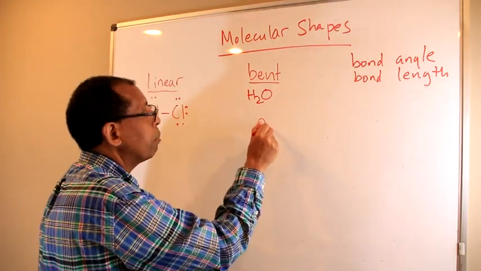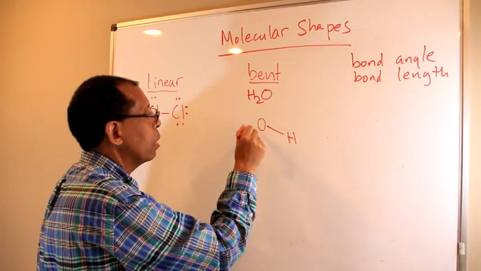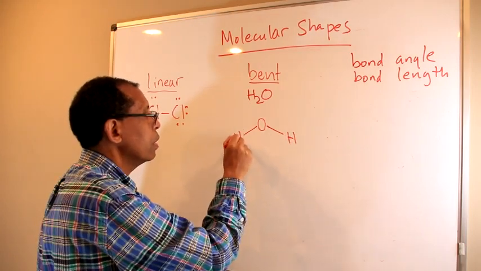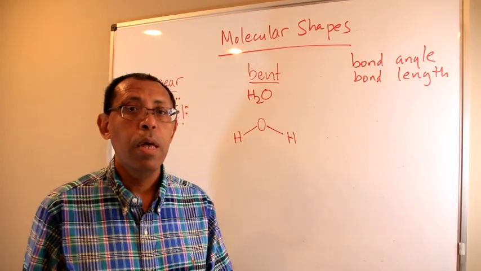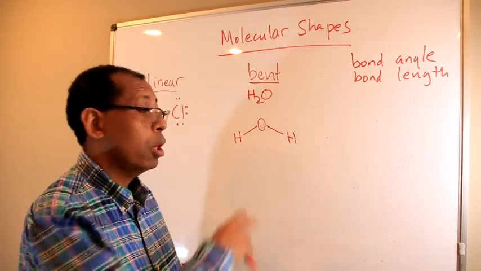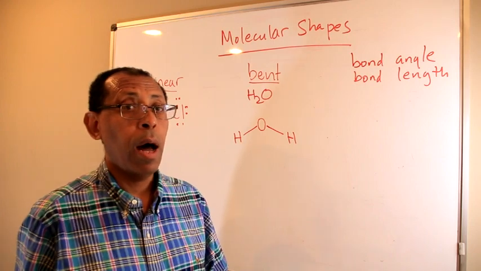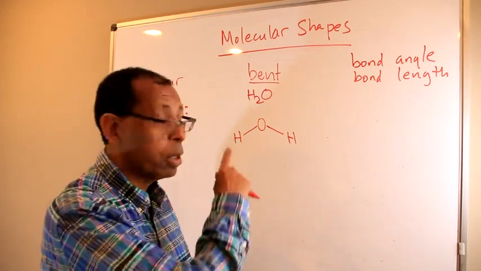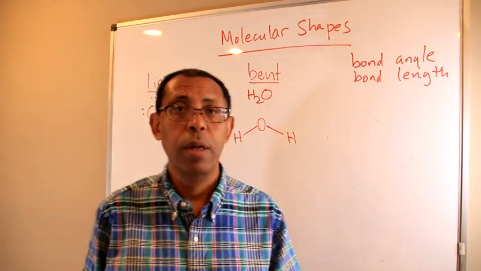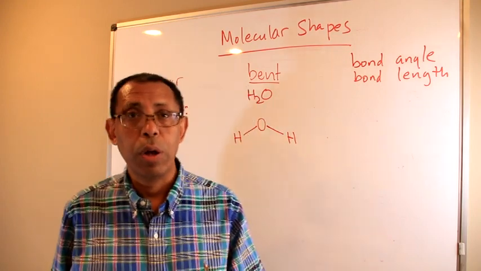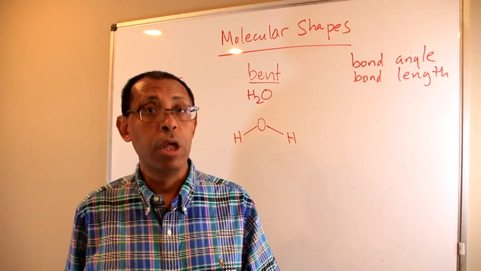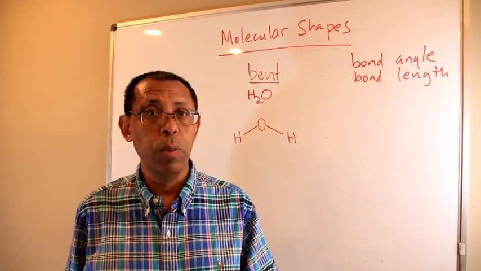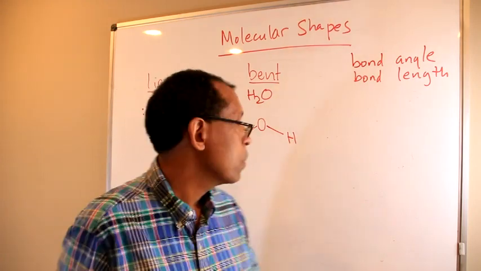Now, putting the bonding between oxygen and hydrogen, now we have such shape, which is a bent shape. The reason why this molecule would be a bent shape has to do with the presence of a lone pair as well. So in any molecule that has a central atom with a lone pair, the shape in most cases would be a bent shape.